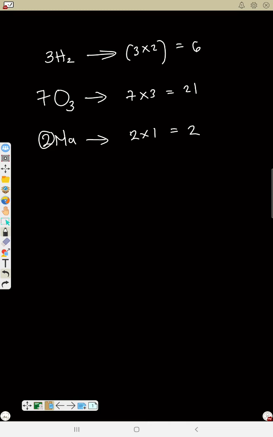Now take note, what is a molecule? A molecule is a particle made up of 2 or more atoms that are chemically bonded together. The number of atomic nuclei making up a molecule is a determinate number.